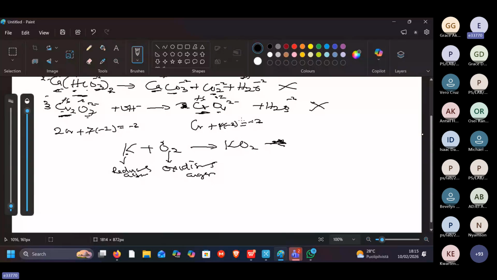Under redox reactions, before we start balancing, there can be a situation where one species is losing and the same species is also gaining. In that case, it is a disproportionation redox reaction. It is losing and gaining at the same time.